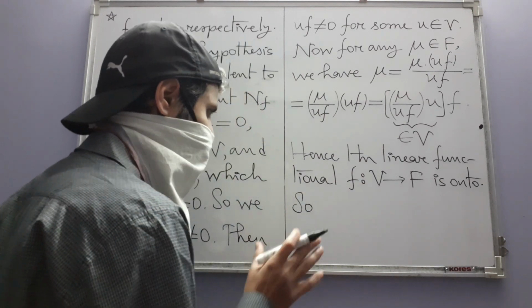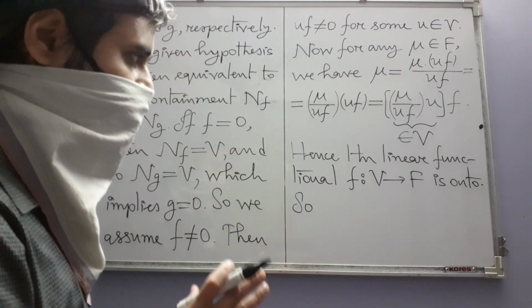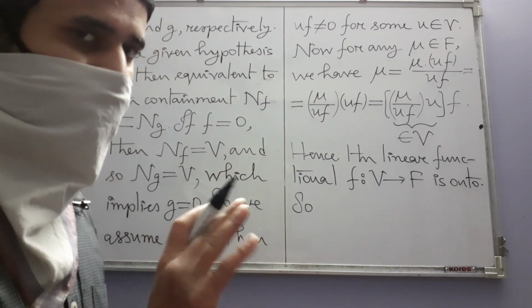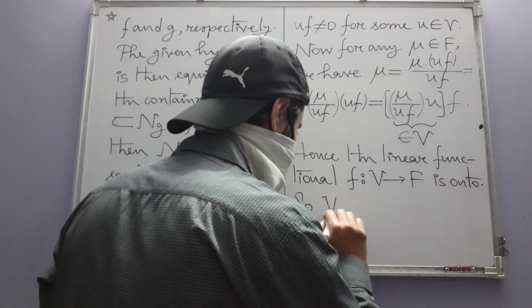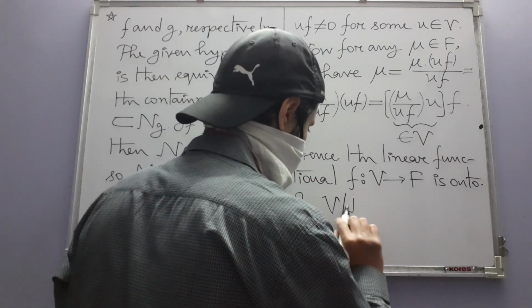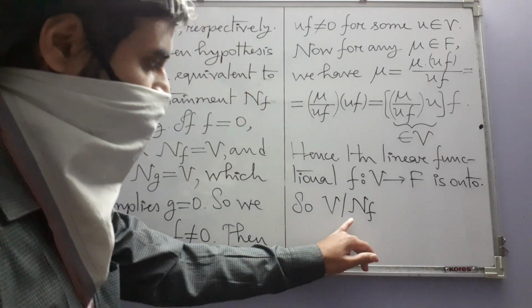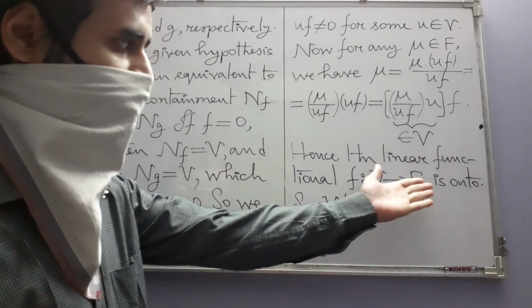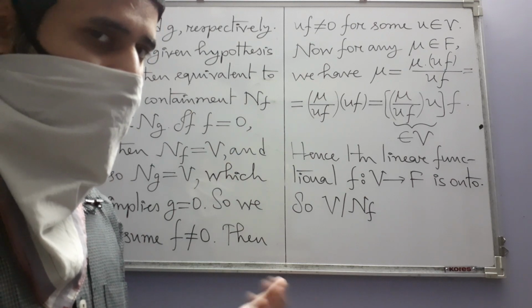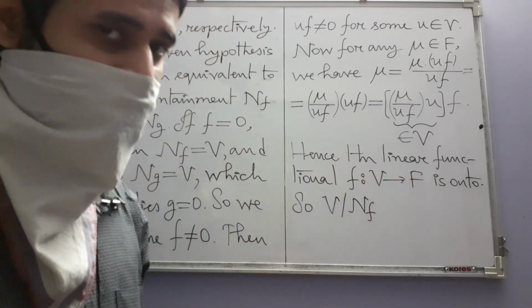So what does the fundamental theorem of vector space homomorphism or isomorphism, I forgot what the actual name is, say? The quotient space of V by the kernel of f should be isomorphic to the second space with which there is this onto homomorphism.